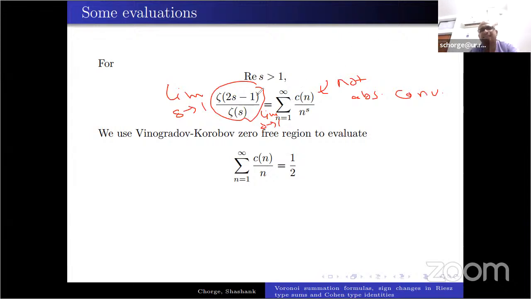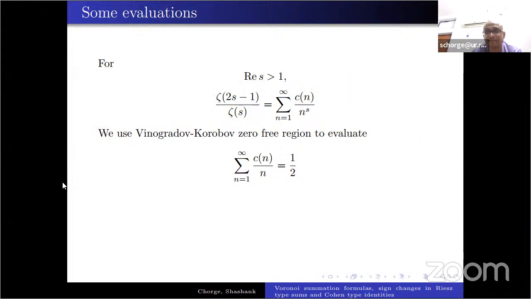So we go by the traditional approach. We use the Vinogradov-Korobov zero-free region and then do contour integration to get this formula. Now, why am I suddenly talking about this formula when we were talking about identities? The reason is these estimates were extremely important for us.